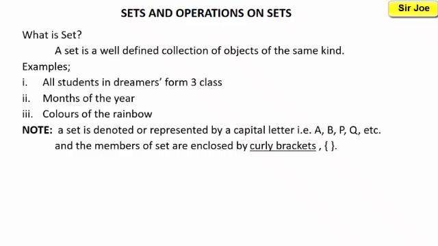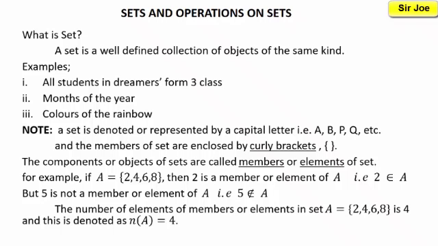So far as it's a capital letter, then it's accepted. And the members of a set are always enclosed by curly brackets. Not a bracket, but what? A curly bracket. That's one thing you are supposed to know. If you list the members or elements of a set, you must always enclose them with curly brackets.